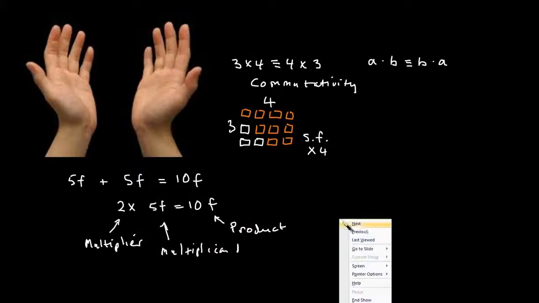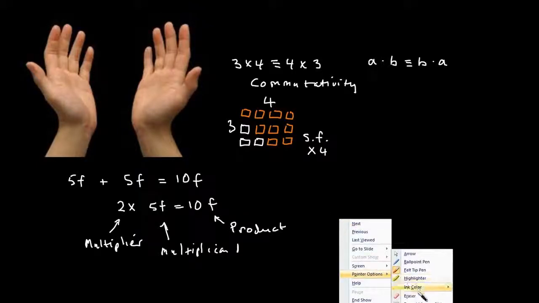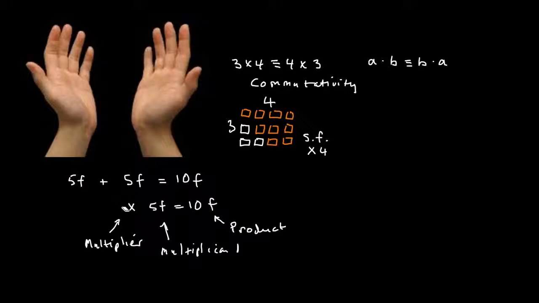So if we change this around, we've got 5 this time as our multiplier and 2 as our multiplicand, but we've still got these two different roles. The multiplier is doing the multiplying on the multiplicand, which is the thing that gets multiplied.